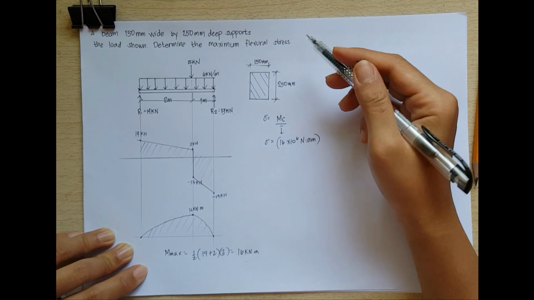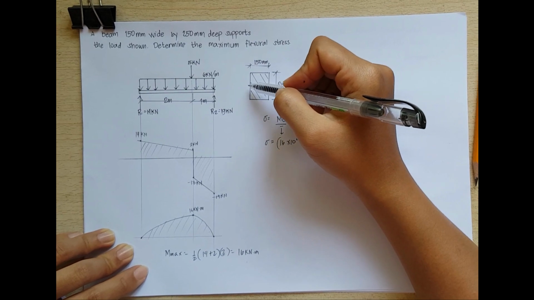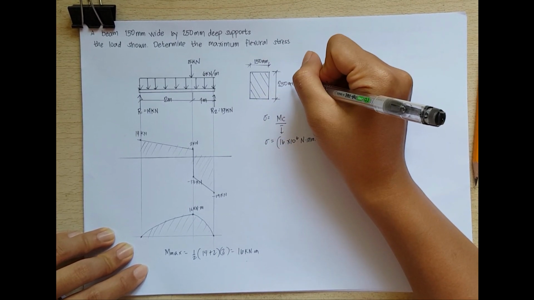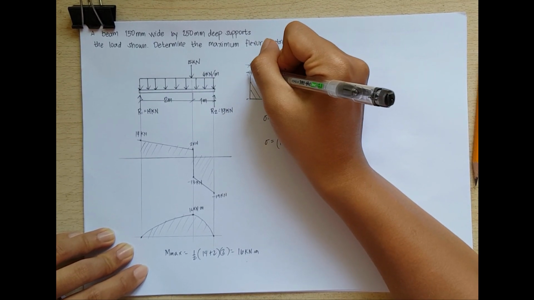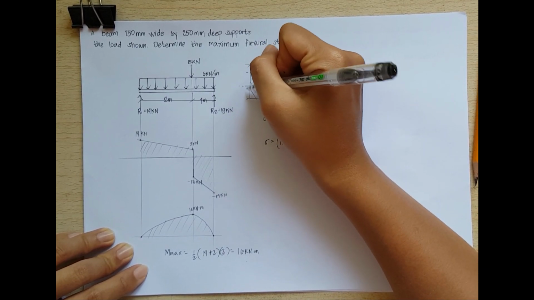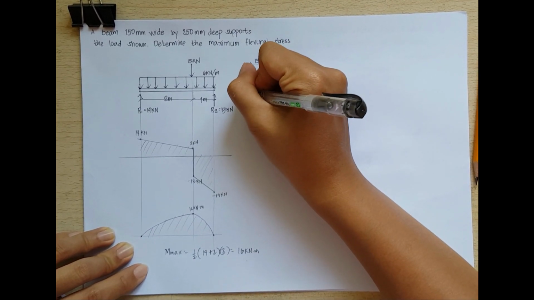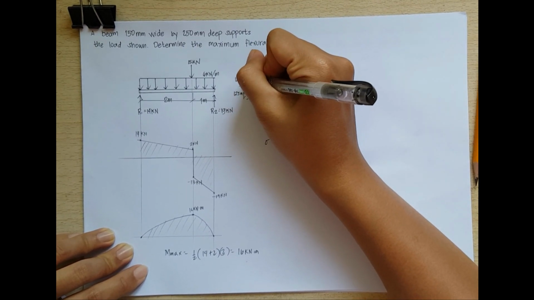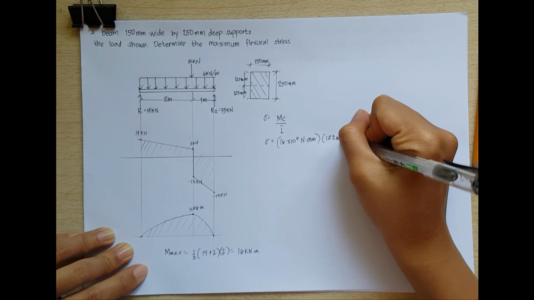And then yung C is the distance from the neutral axis to the outermost fiber, which is 250 divided by 2. So yung outermost fiber niya is at this part, and then yung neutral axis niya is the axis of symmetry. So this is 125 millimeter. So our C is 125 millimeter.